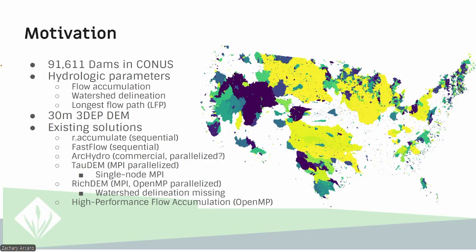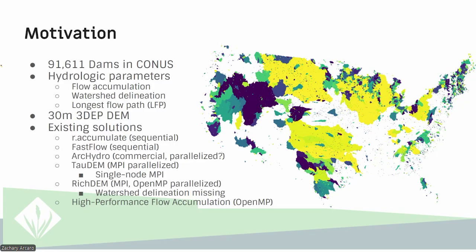It's a sequential algorithm, but it can do many different things. And then we have a fast flow, some open source, outside GRASS, and ArcHydro, commercial. You have some limited parallelization. And then TauDEM, which is MPI parallelized. MPI parallelization versus OpenMP: OpenMP is single computer parallelization, MPI is multiple computer parallelization.